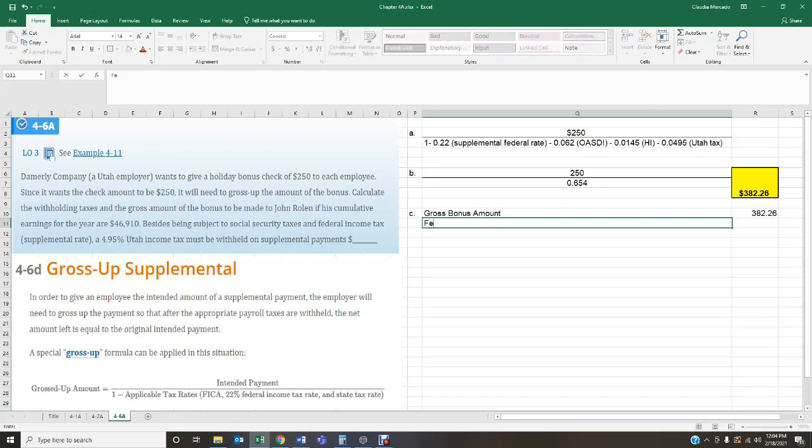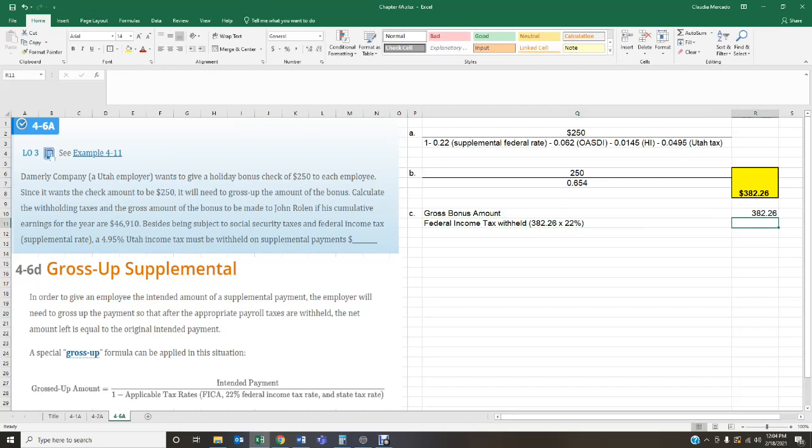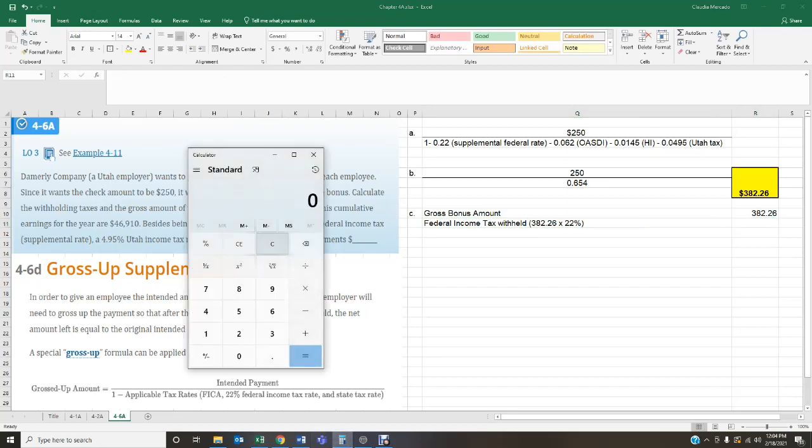I know that I have to pay federal income tax, and that is the $382.26 times 22%. Let's see what that gives us. 382.26 times 22% gives me 84.097.